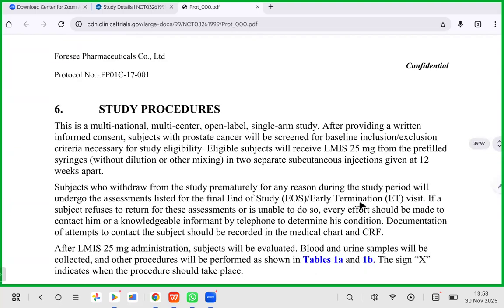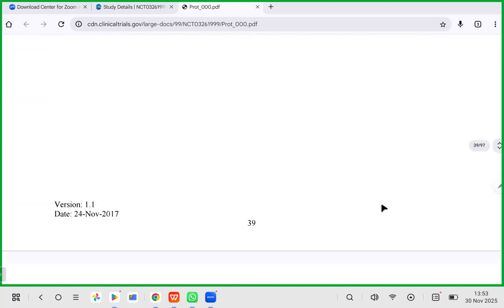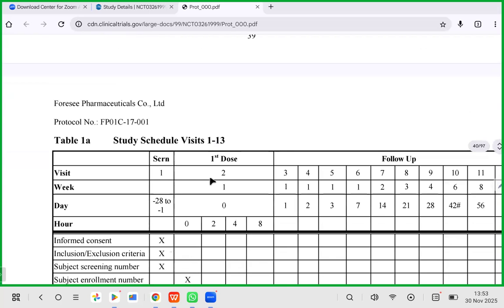After that, they will have the study schedule. The first visit is screening. They will check all the inclusion and exclusion criteria and enroll the subject, and in visit two, the first dose will be given.